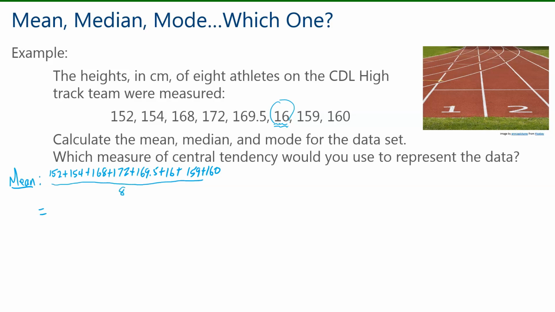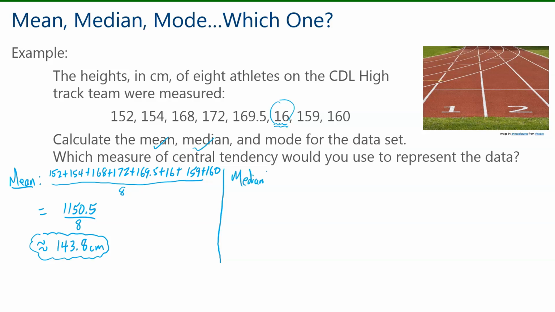If we add all of the heights, we will get 1,150.5. Divided by 8, that will be approximately 143.8 centimeters. That's the calculation for my mean.